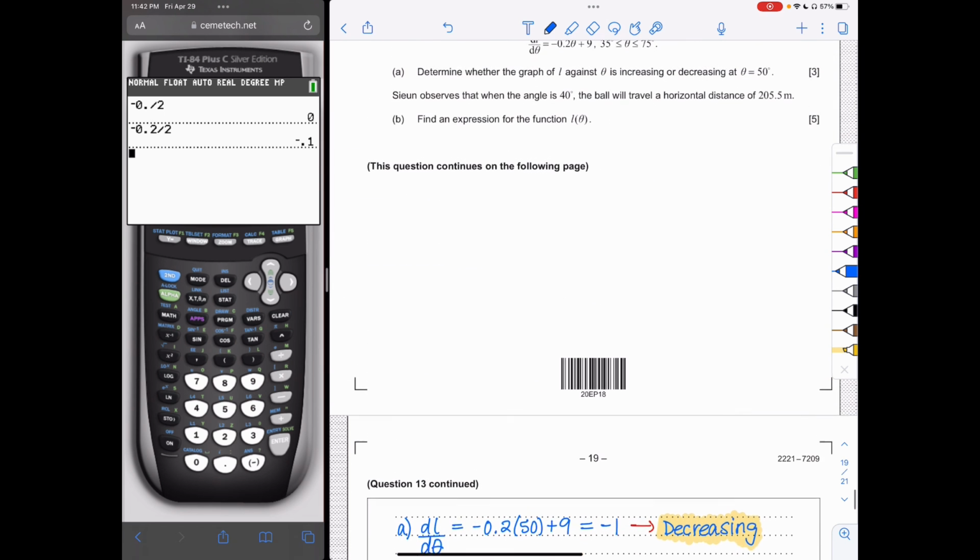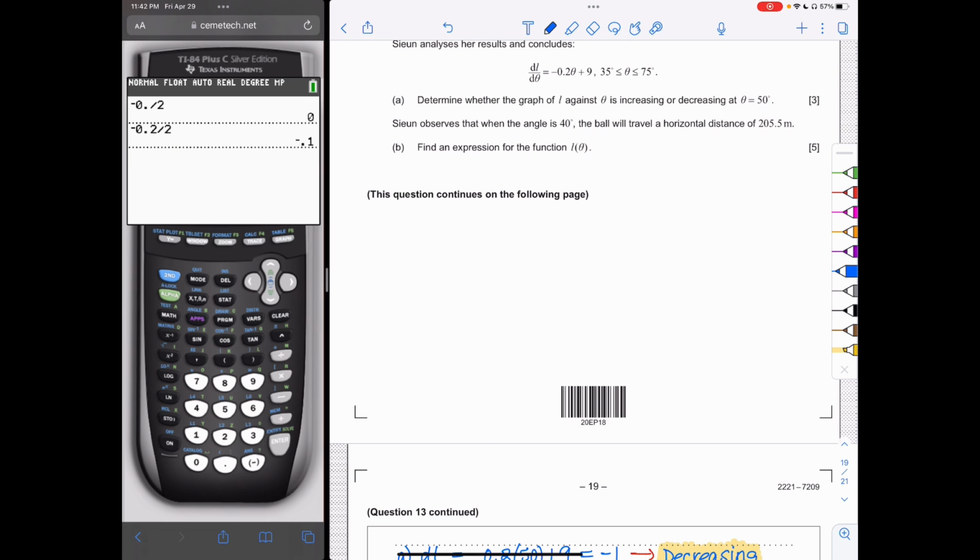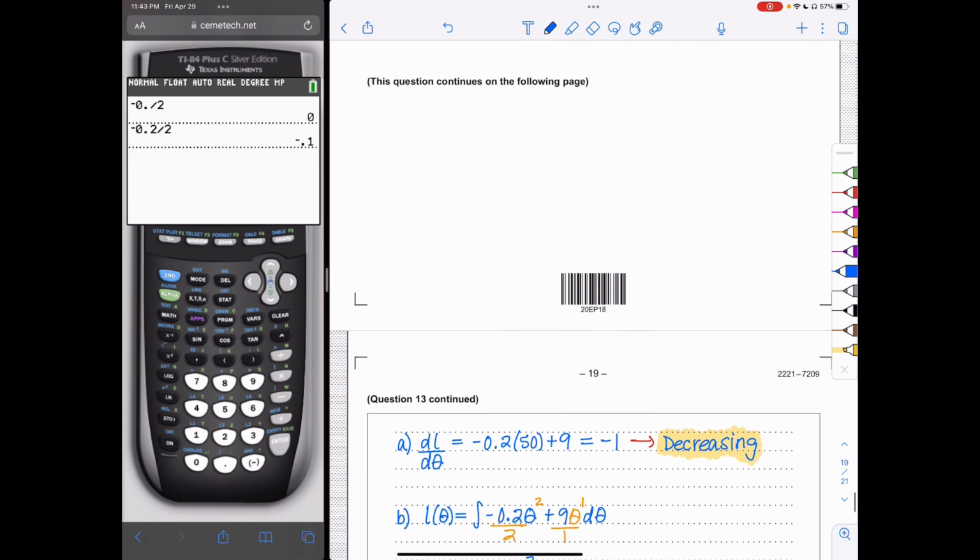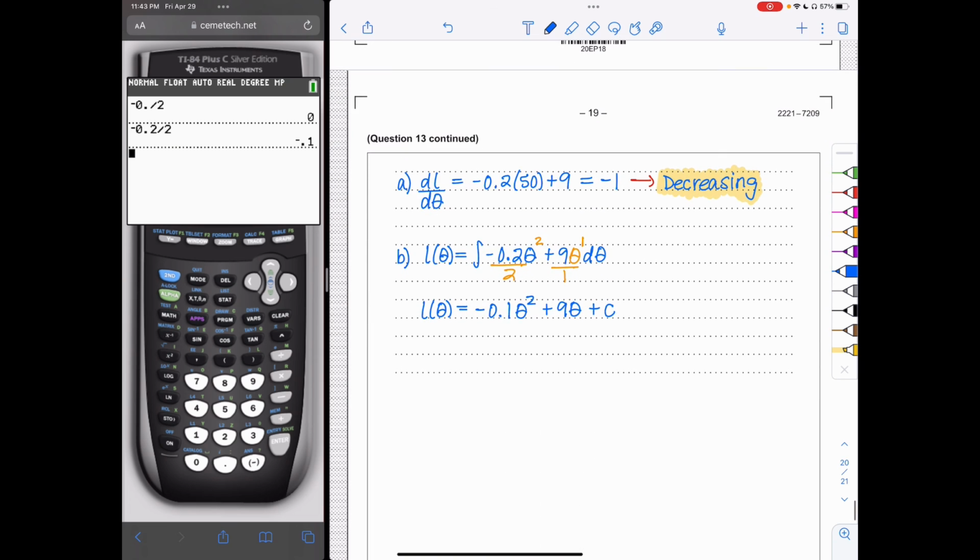Remember in part B it says Sion observes that when the angle is 40 degrees, the ball will travel a horizontal distance of 205.5 meters. Find an expression for the function L of theta. So basically what they're telling us is that my horizontal distance is 205.5, and that should be equal to negative 0.1 times 40 squared plus 9 times 40 plus c.